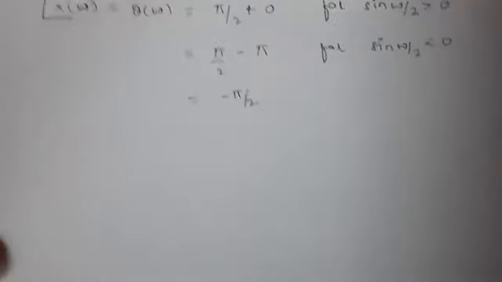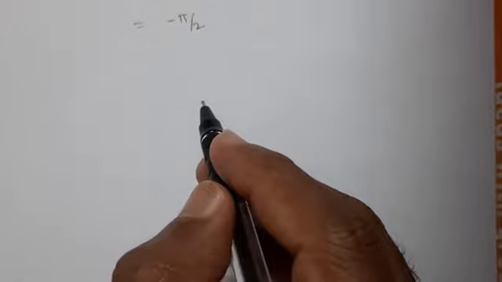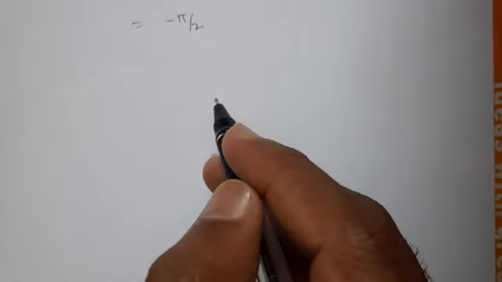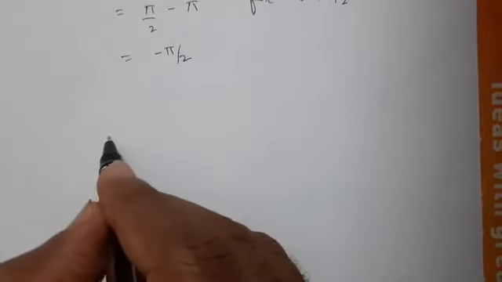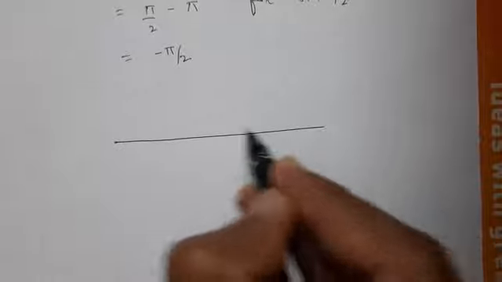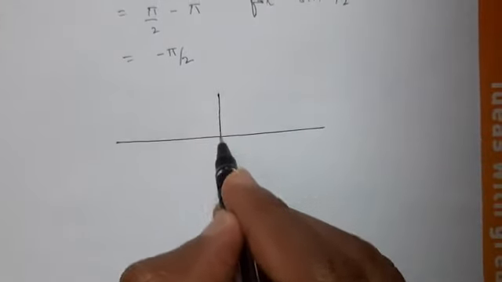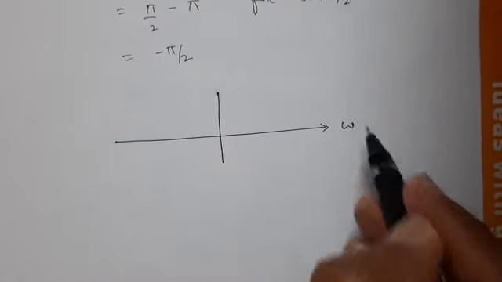So your sine of omega by 2. Sine of 0.5 omega greater than 0. So if your axis is somewhere like this, this is your omega axis.